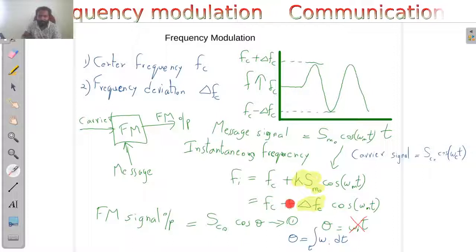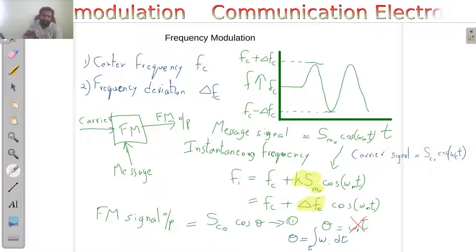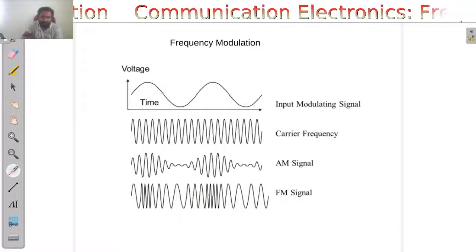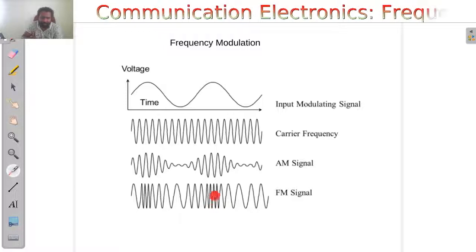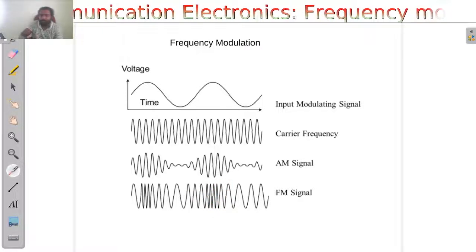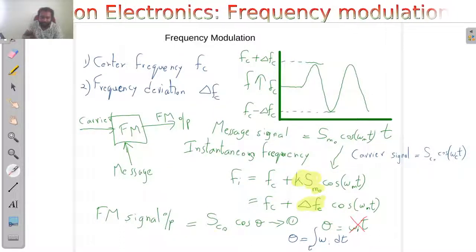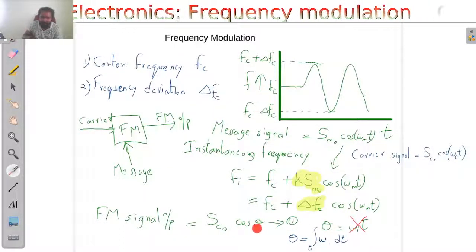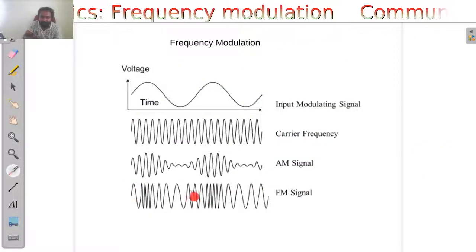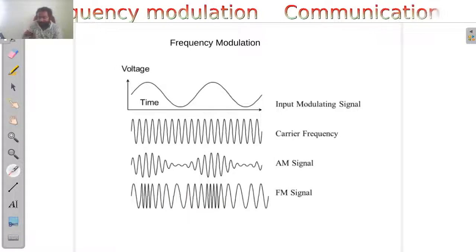This is the form of instantaneous frequency, and you can see that the FM signal output has a different kind of frequency at each of the points. So you cannot use the simpler equation where SC0 cos theta, theta is the angle of this signal. When it travels from this to this in time, your angle increases.